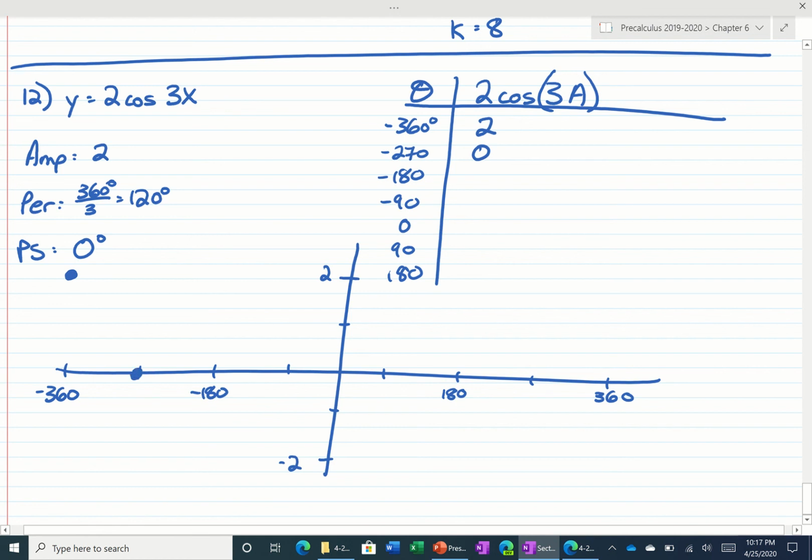Negative 180, store it. I'm getting negative 2. Let's do negative 90, store it. And I'm getting 0. Store 0. See how quick it is. I'm getting 2.